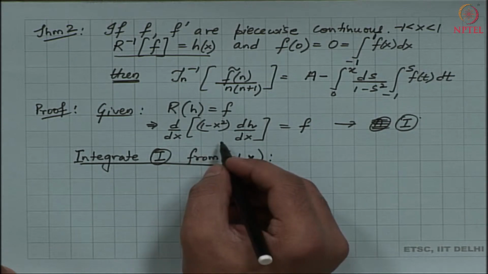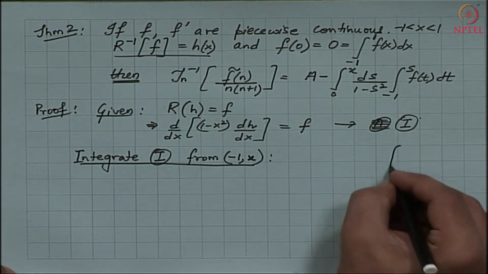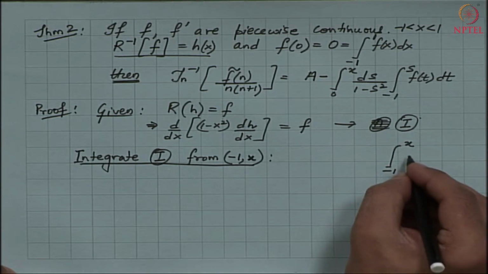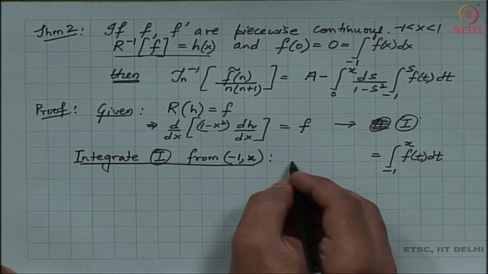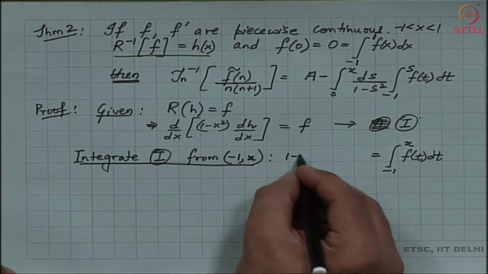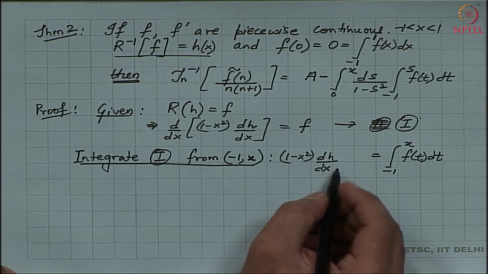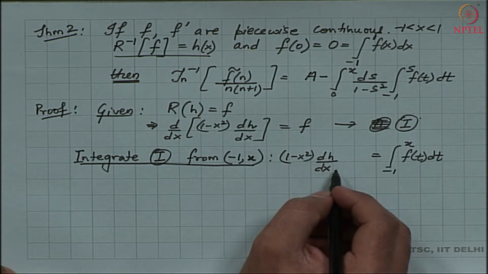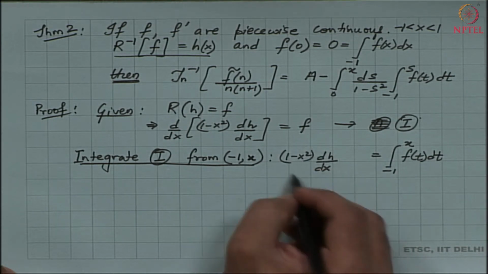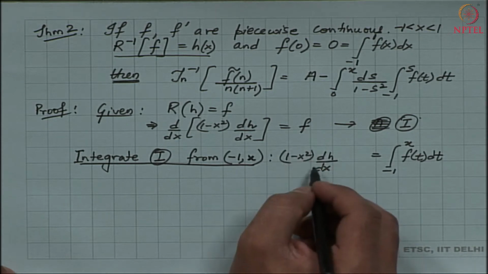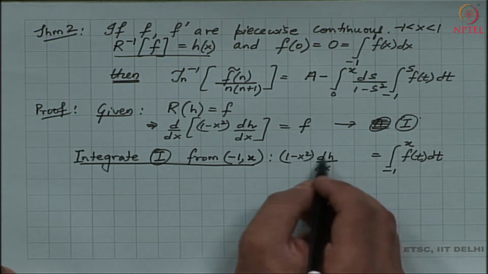When I integrate, the right hand side is the integral from -1 to x of f of t dt, and the left hand side is 1 minus x square dh dx, evaluated at the limit x and at the limit -1, and of course at -1 this quantity vanishes. So, I am left with this new expression.